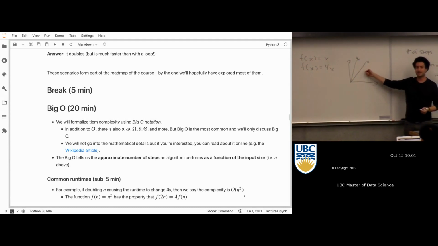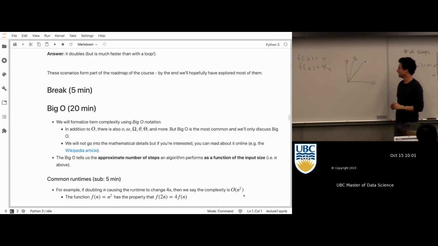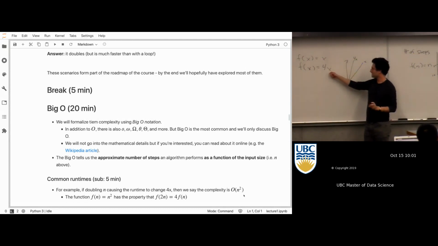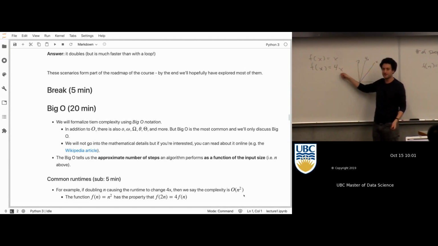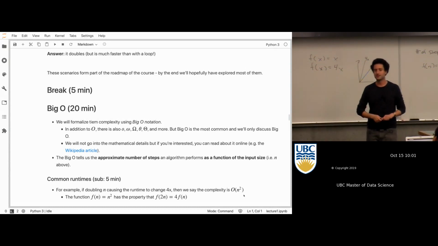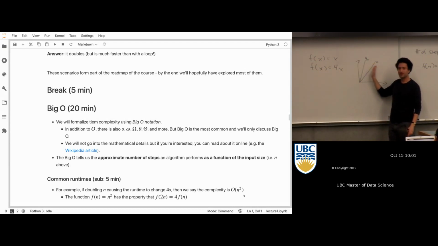So they're both lines. They both have the property that if x is 1, 4x is 4. If x is 2, 4x is 8. So it still has that property that when I double x, the running time doubles. It's essentially the same shape curve as x. It's just 4 times larger.